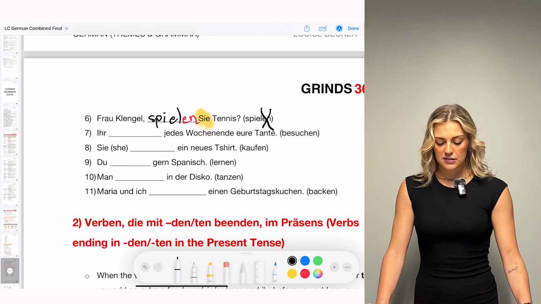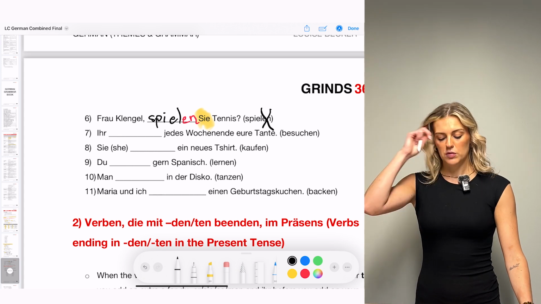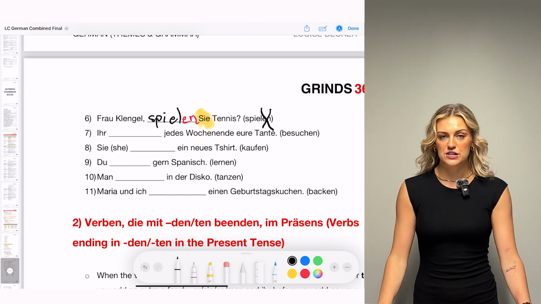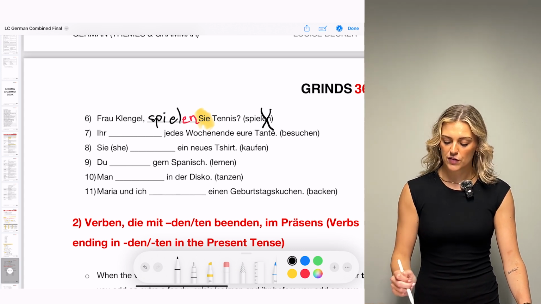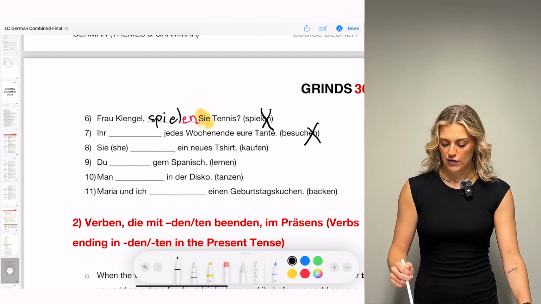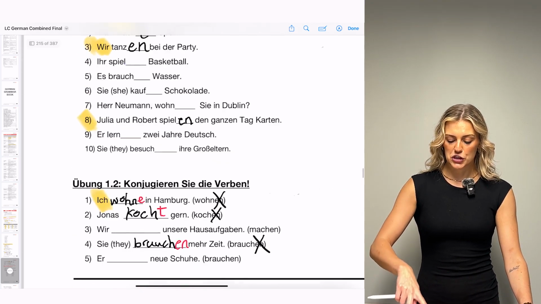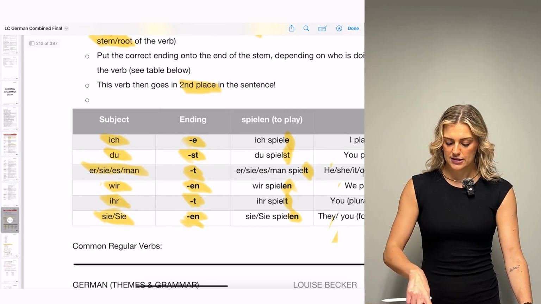Maybe number 7. Ihr something jedes Wochenende eure Tante. So here I want to use the verb besuchen. Okay, so I want to say you, plural, visit your aunt every weekend. So I have the verb besuchen. I take off the en. Okay, that's gone. And then I'll add on the correct ending to this form of the verb. So ihr, my ending for you, plural, for ihr is t.